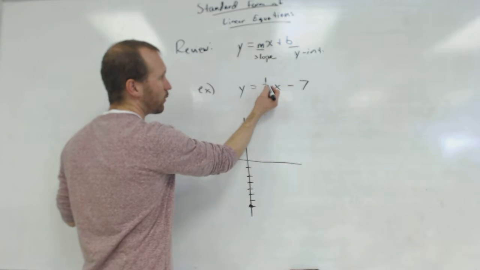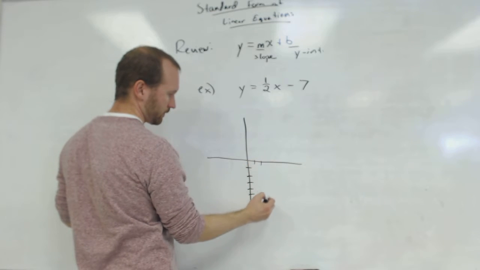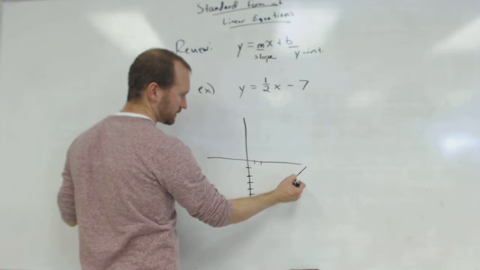And the slope of 1/2. Rise over run. So we would go up 1 over 2. Right? Up 1 over 2, etc.